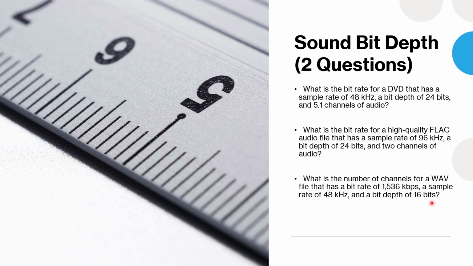So of course, we'll make the number of channels the subject and do the calculation for the number of channels, because the values for each of the other parameters have been given: the bit rate, the sample rate, and the bit depth. So you should be able to do the computation to come out with the number of channels.